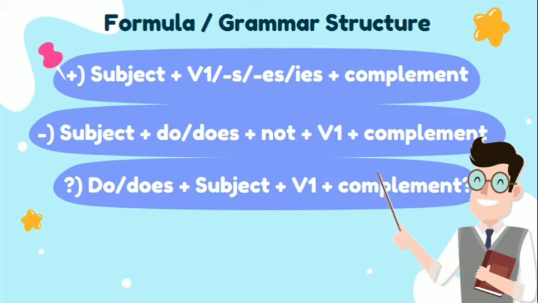That's why in negative and interrogative form the verb changes into verb 1 and we add the auxiliary verb in the negative and interrogative form.